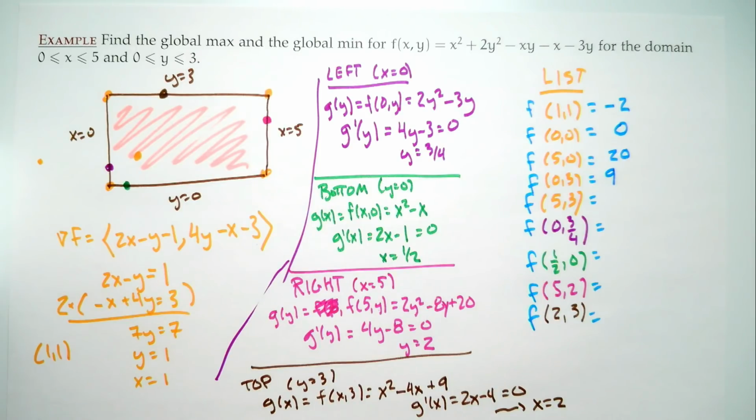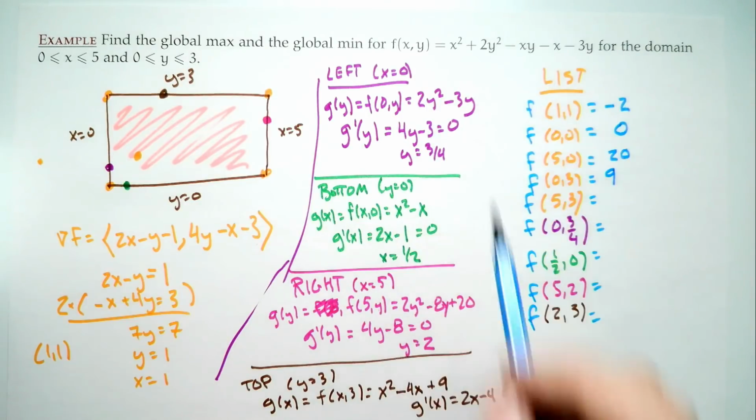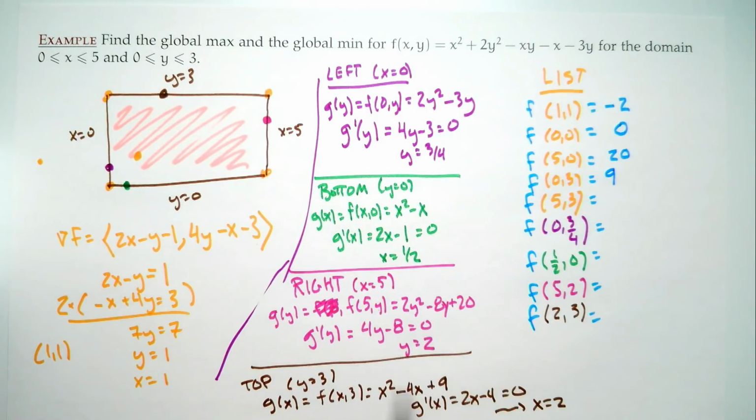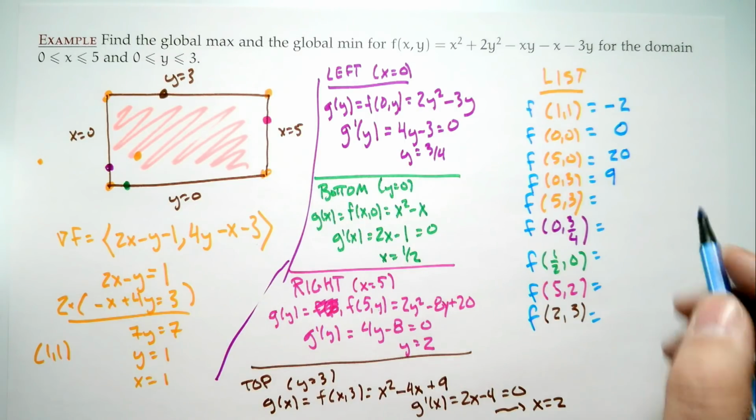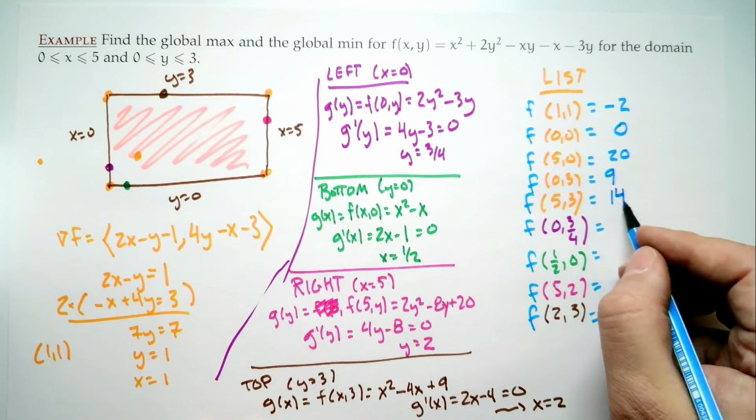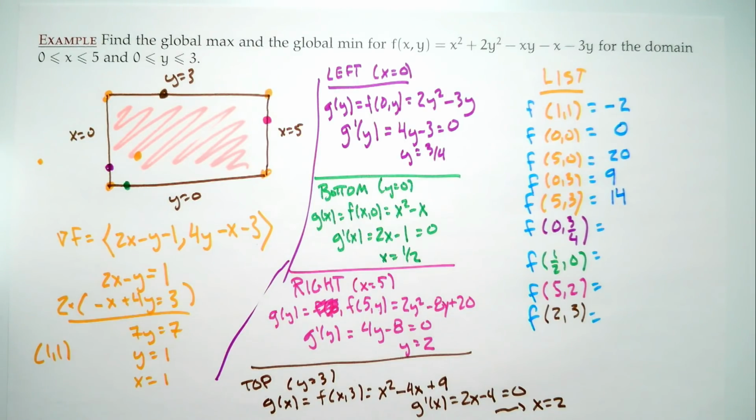Well, there's a couple places to look. I can look in the original equation, of course, plug in 5, 3. I can look on an edge. So the top edge, if I plug in x equals 5, 25 minus 20 is 5, plus 9 more gives me 14. Okay. And will that be the same as plugging into your original function? Yes, it will. You can plug it into anything that you found for the boundary. You can plug it into the original function, just wherever it's convenient.